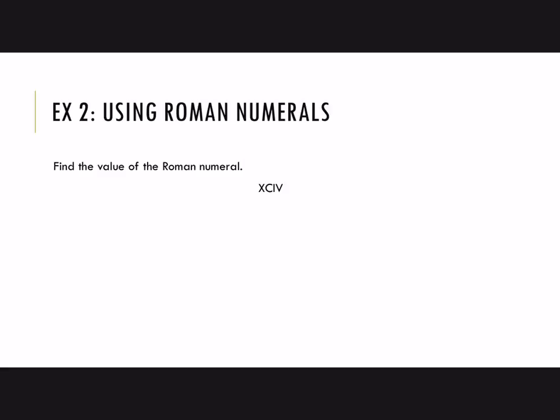Example 2, same idea, change to our numeration system. Find the value of XCIV. X is 10, C is 100, I is 1, and V is 5. And then I would go through and look for any pairs of small numbers before large numbers. And in this case, we do have a few of those.